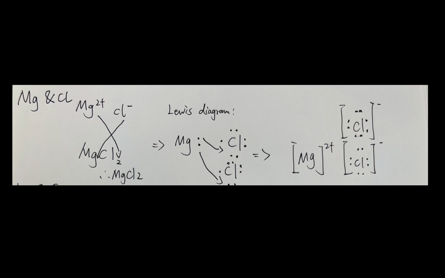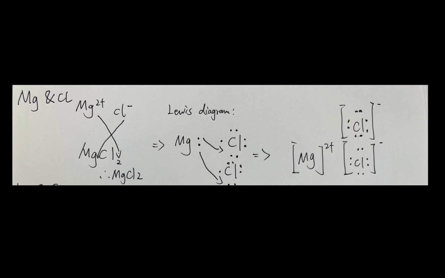By drawing the Lewis diagram, we only need to draw the outer shell electrons, which Mg has 2 and each Cl has 7. Mg needs to lose 2 while each Cl has to gain 1. Those arrows are the directions that the electrons go, from magnesium to chlorine.